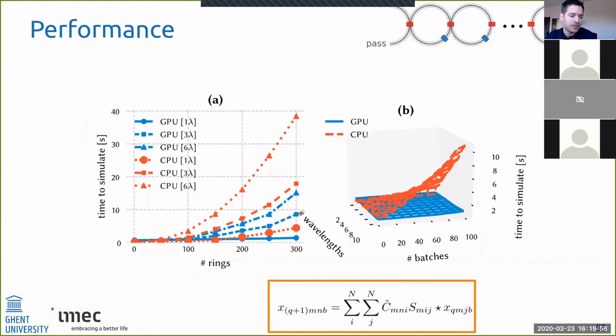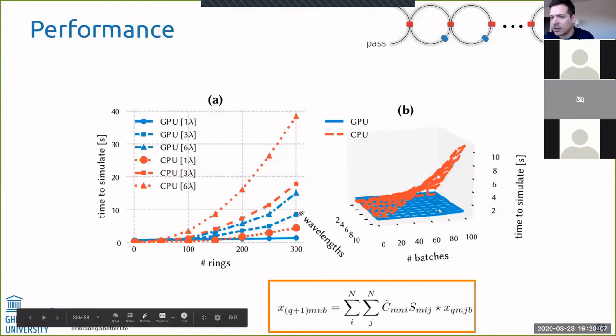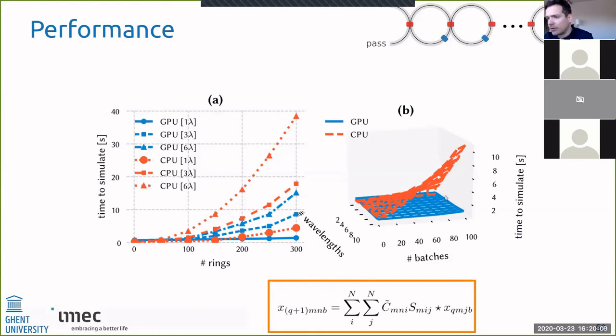So this is what is possible with this parallelization approach. If you're interested in simulating non-dispersive circuits for multiple wavelengths and multiple input waveforms, and I realized that using a CROW as a performance metric was maybe not the best choice in this regard, then Photontorch is quite a good choice.